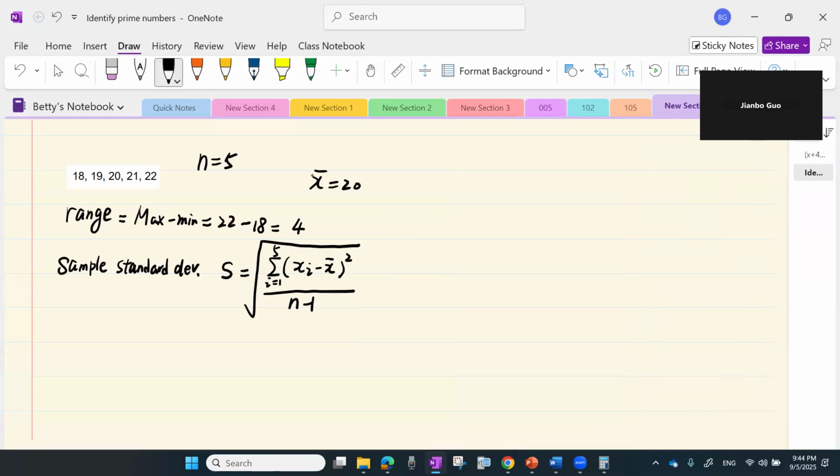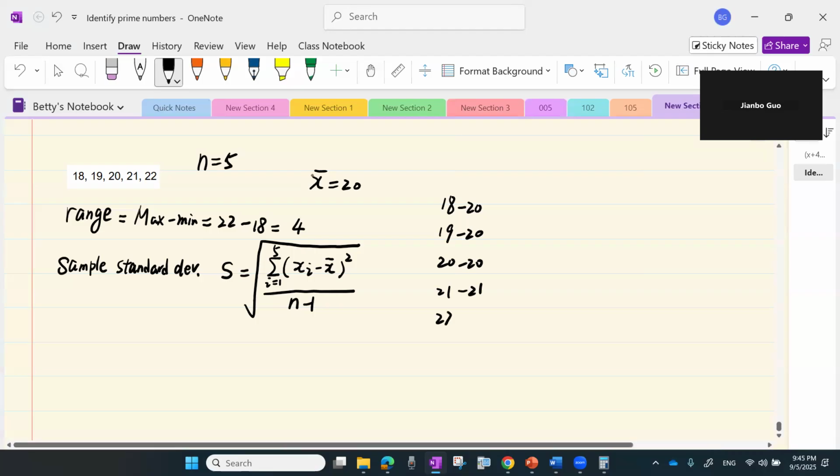And then we are going to use each single value in the sample minus x bar. We have 18 minus x bar, which is 20. And then 19 minus 20, 20 minus 20, 21 minus 20, 22 minus 20. And the result: 18 minus 20 is -2.